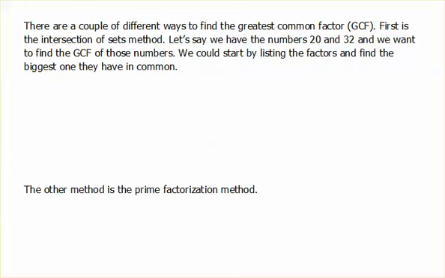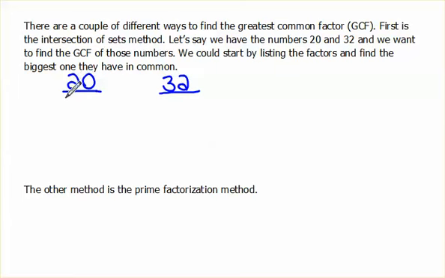So we have these two numbers here, 20 and 32. I'm going to list out 20 and 32, and we're going to find all the factors of each one. And I like to do this systematically, going in order, from smallest to largest.